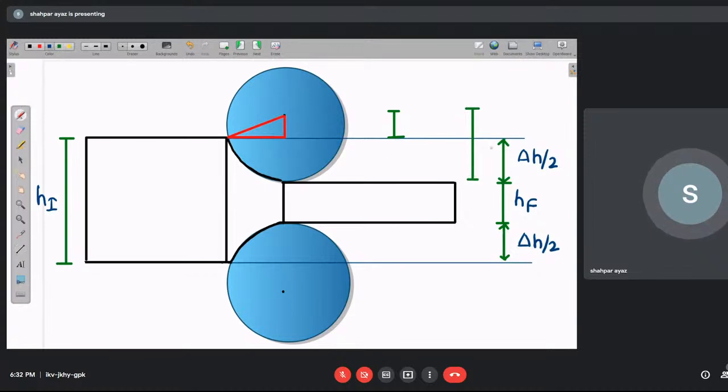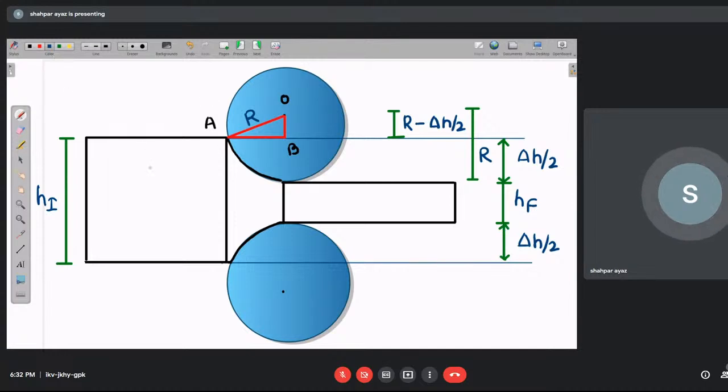This is going to be your R minus delta H by 2. In this triangle, this is your O, this is your A, this is your B. So OB is R minus delta H by 2, and OA is your radius R.